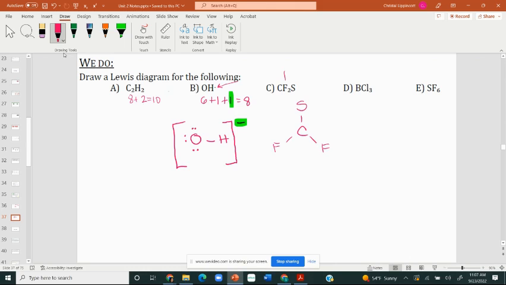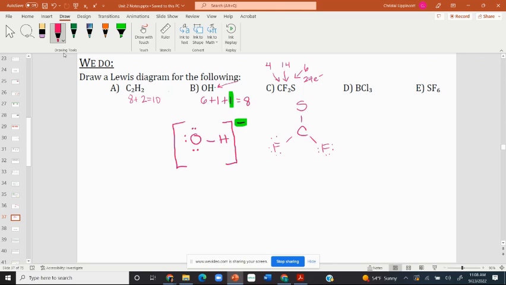All right, I have 14 here. I have 4 here. And I have 6 here for a total of 24 electrons. Okay. I have 2, 4, 6 here. 8, 10, 12, 14, 16, 18.